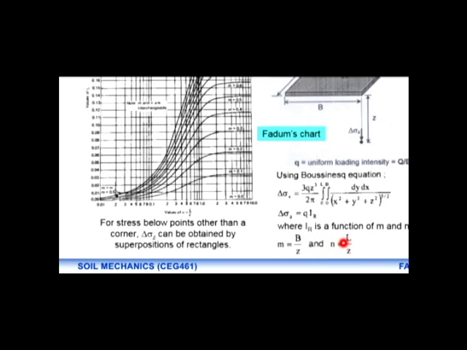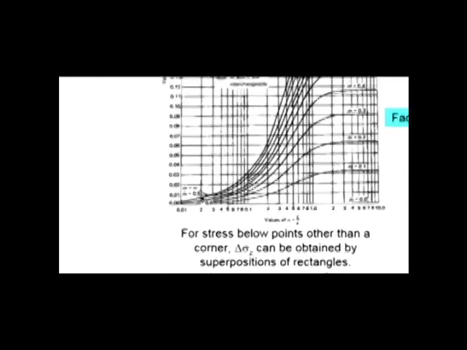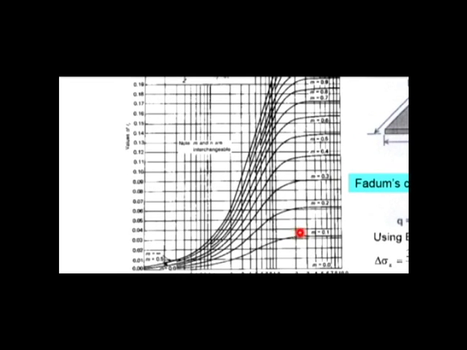So from your Fadum's chart, your x-axis is L over Z, and the curved line is B over Z. From that chart, you can get the IR value.